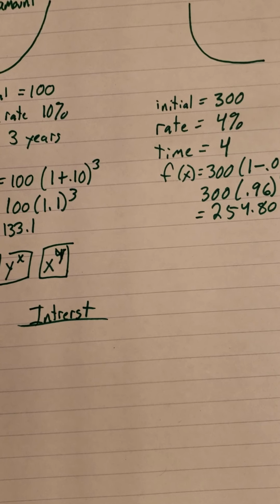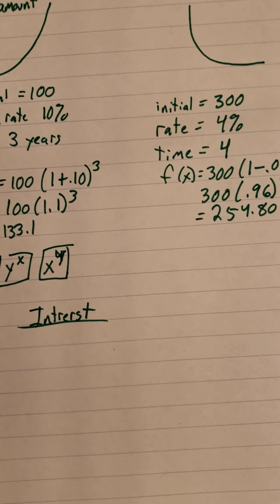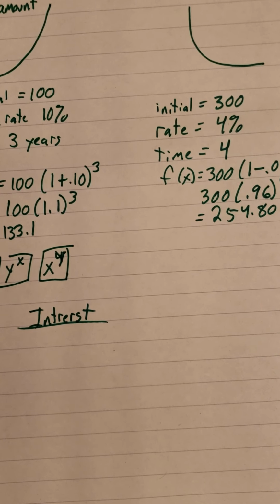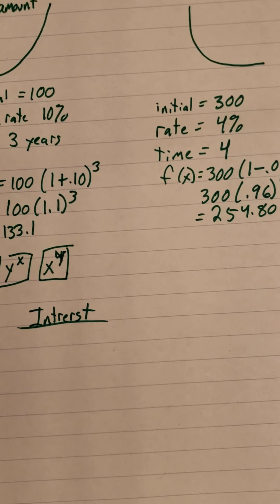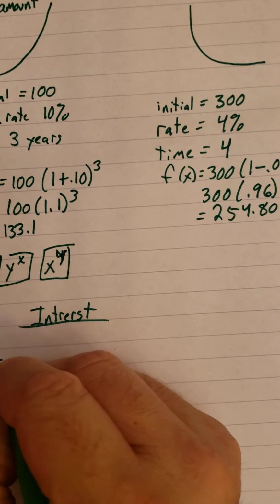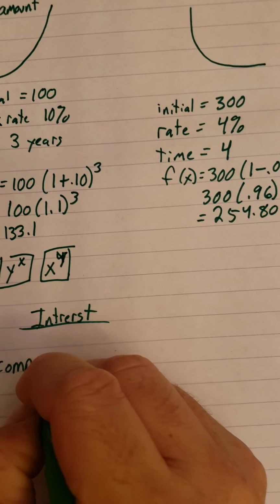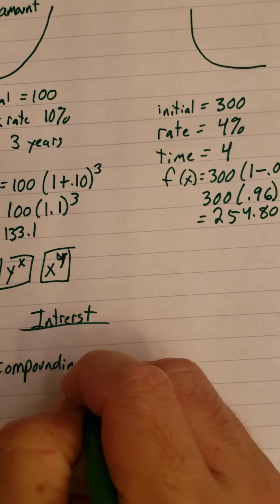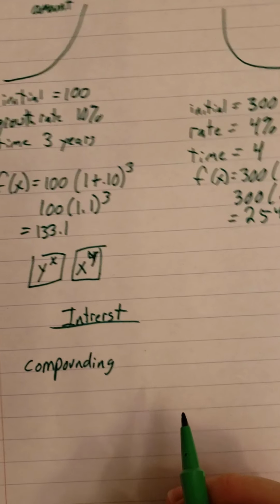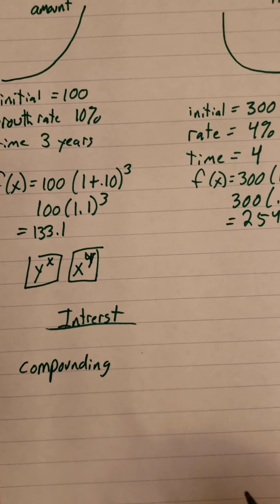And there's different ways that you can do interest. You've got simple interest, which just figures it once over the whole course of the time period. And then you can do what's called compounding. This is when they go and take interest and do it multiple times.